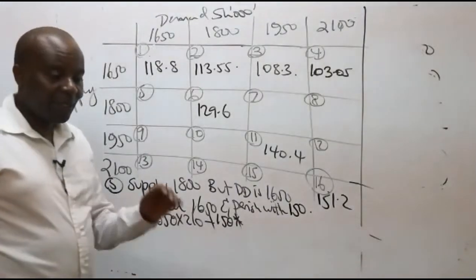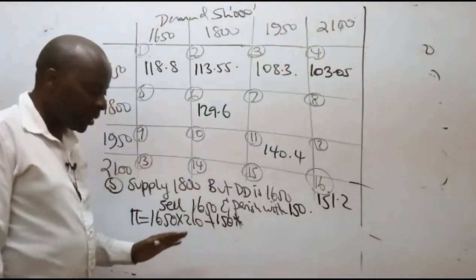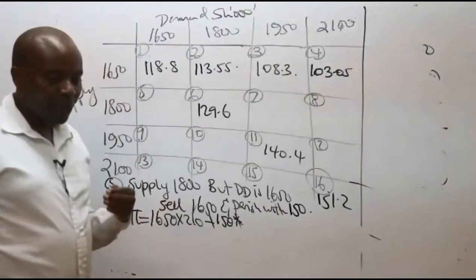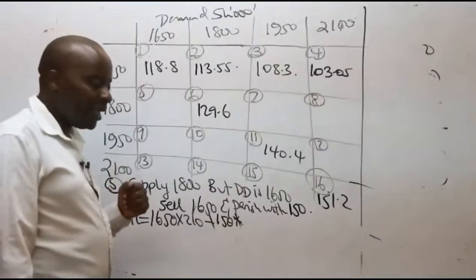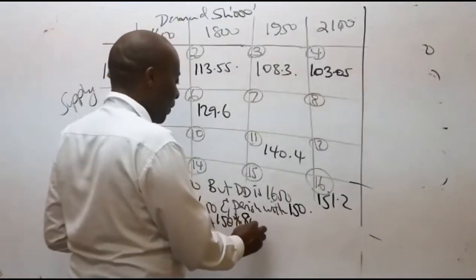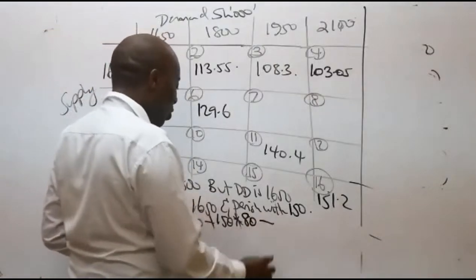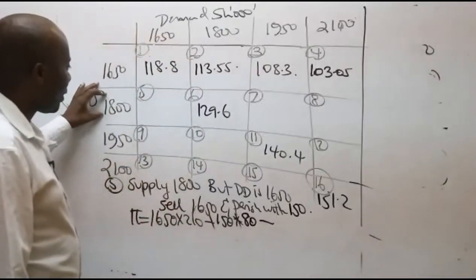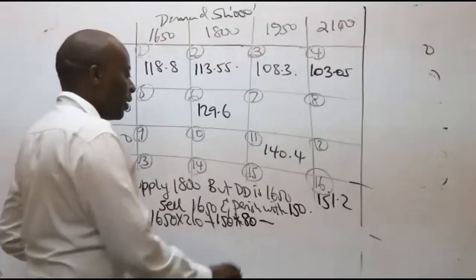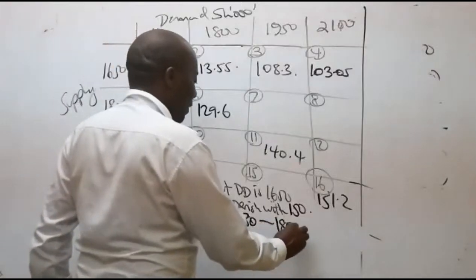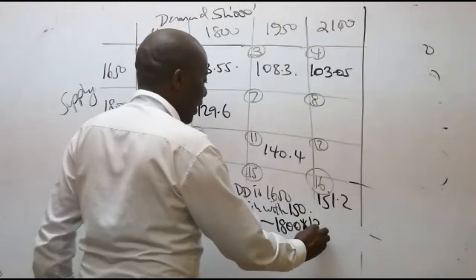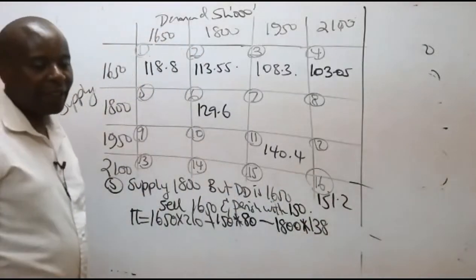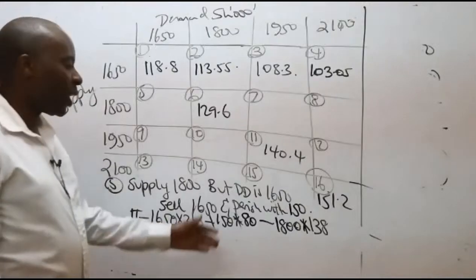Once we are not able to sell them on that particular day, we perish with them, we'll be able to fetch a lower price, 80, I'm being told. So that is revenue. Minus cost, of course, I will incur cost for the entire supply, which is 1,800 times 138. So could you kindly give me this answer?